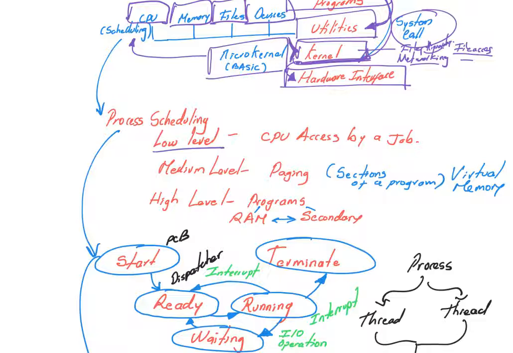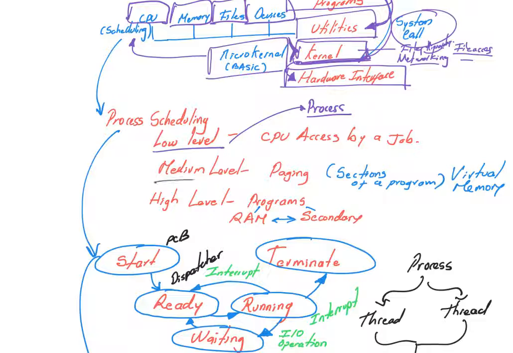Now, a program that is running is called a process. So a process is a program or part of a program that is being run or is ready to be executed by the CPU. So all the scheduling of these processes is made by the low-level scheduler.